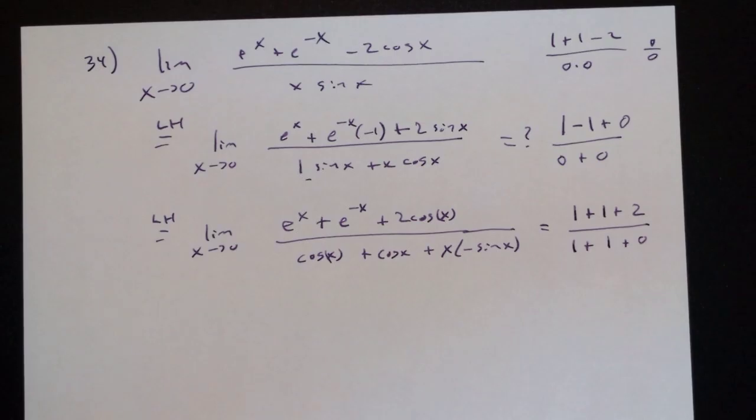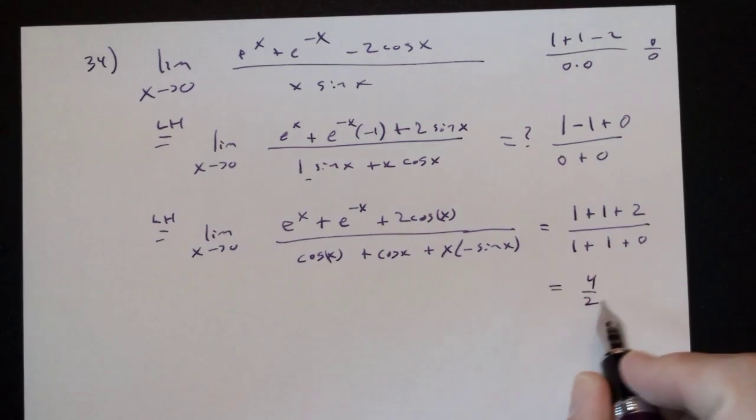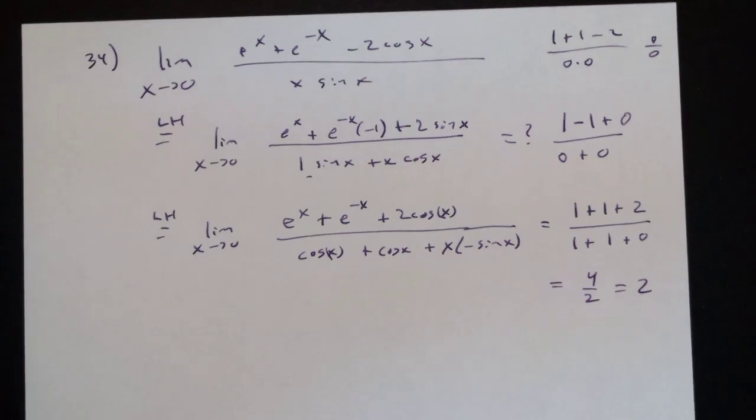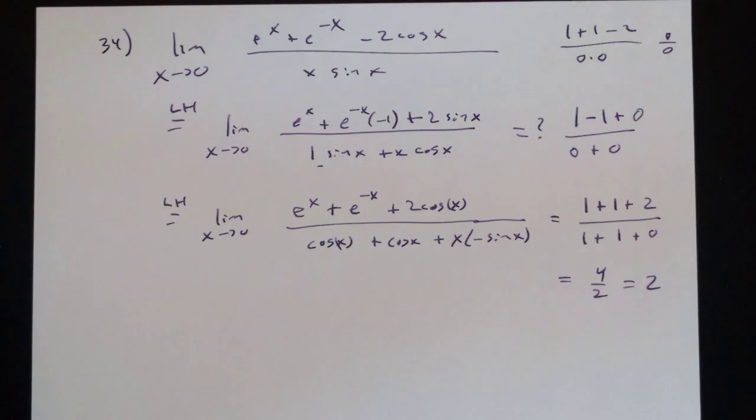That's a number. I'm done. Best part about L'Hopital's rule, as long as it's indeterminate, do it again, do it again, do it again. And it certainly makes me practice all my derivative rules.